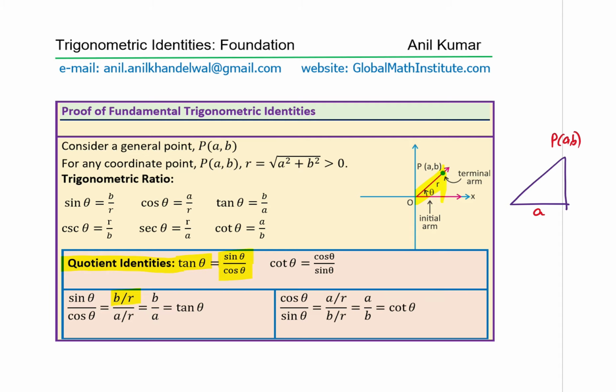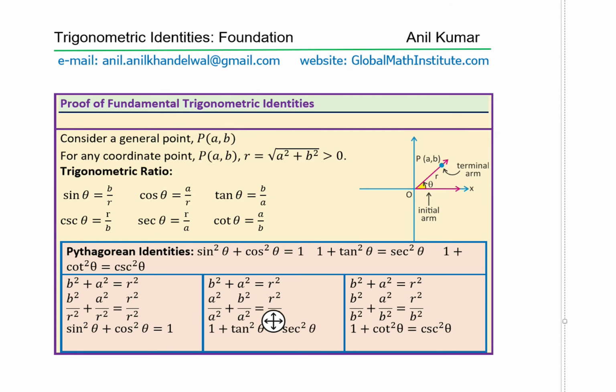That means this is a, this is b, that is the right angle, that is r, and the angle is theta. So sine theta is the ratio of b over r, cos theta is the ratio of a over r, and r and r cancel. Once you cancel r and r, you're left with b over a, which is tan theta. Similarly, you can prove cotangent theta is the ratio of cos theta and sine theta, right? So that is the proof, and that is how very easily, using a coordinate point, you could prove it.